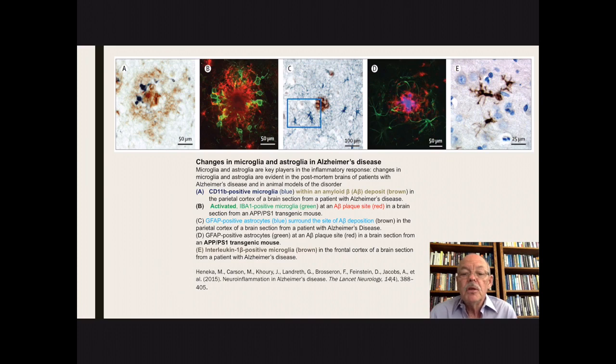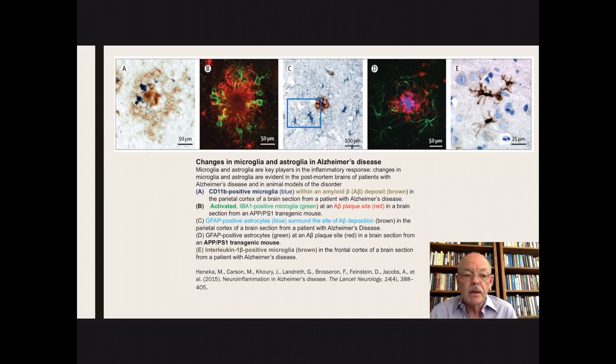In panel C, you see an astrocyte, one of the glia cells, surrounding an amyloid beta deposition site. And finally, in panel D, you see astrocytes at an amyloid beta site in the brain section from another transgenic mouse.